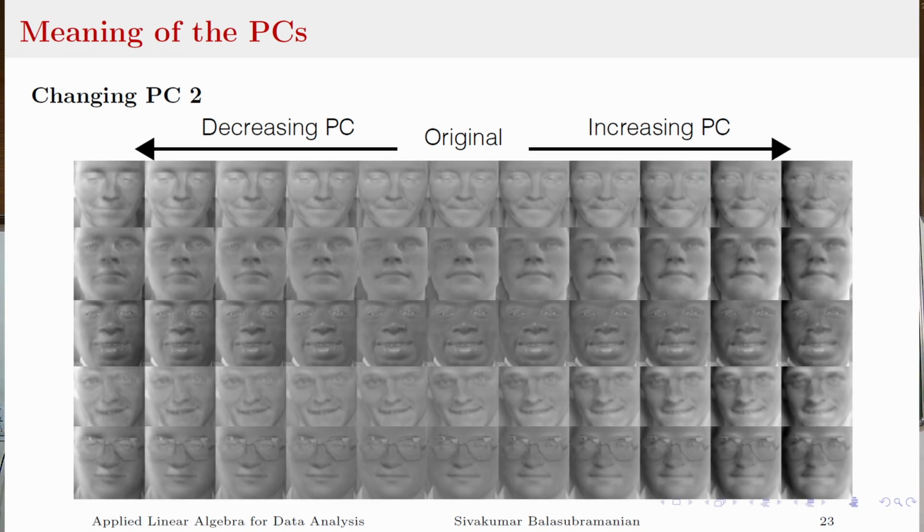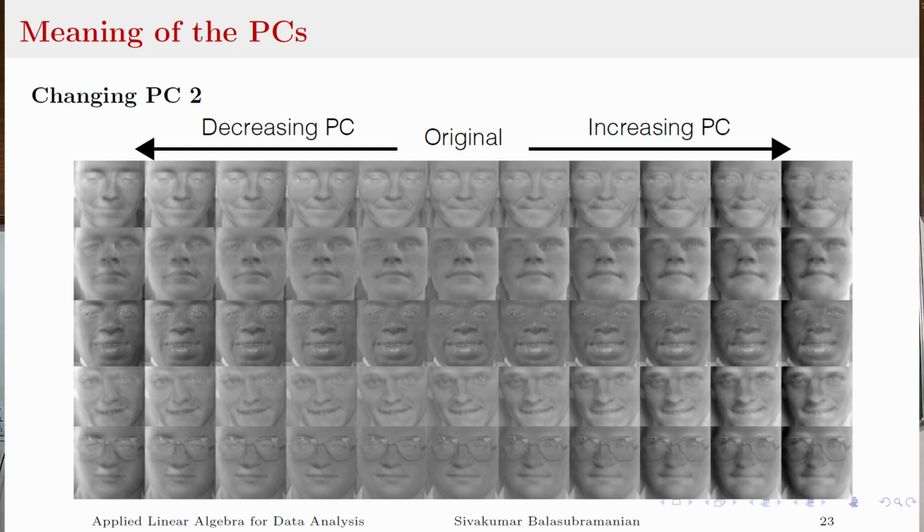Now, here, you might not agree with me on this. So this is the original picture. Look at what happens when you go to the right or to the left. One possible interpretation of this is the amount by which the person is smiling. The pictures on this end would look like they are smiling a little bit more than the pictures on that end.